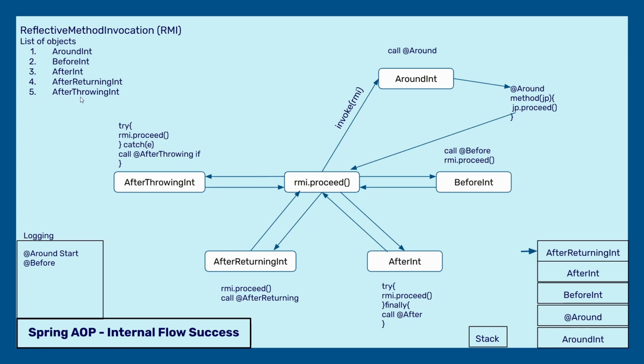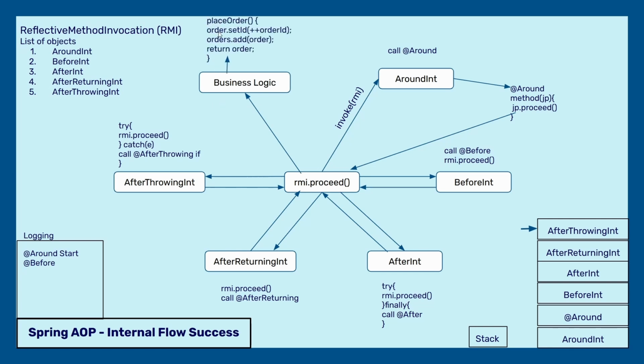Now there is nothing in our list of objects to be executed. So what happens? It calls the business logic. But before, the after throwing interceptor also goes to the stack. Business logic is called, and within this business logic, we were placing an order. To place an order, we just added an ID, added it to the list, and returned the object.